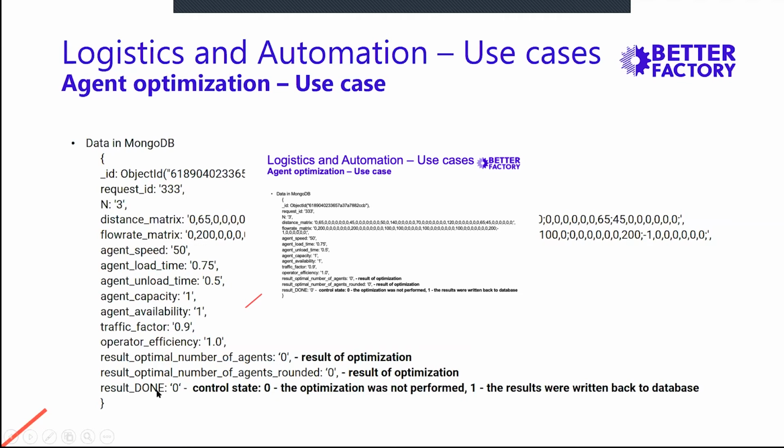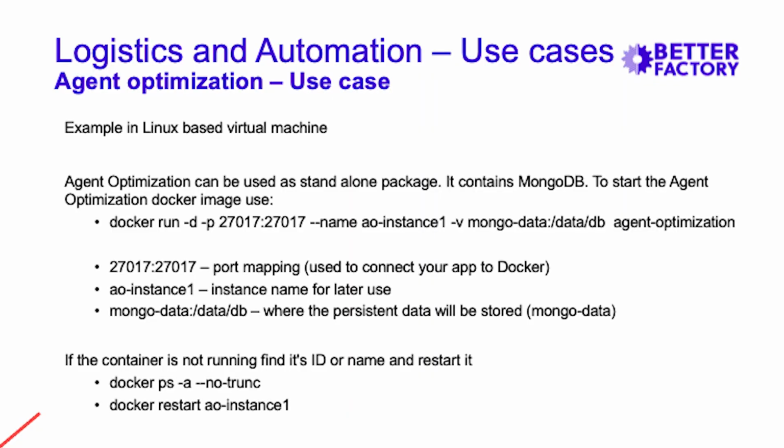If its value is 0 at the beginning and we start the optimization, the data will be processed by the module, and after they are written back to the database, the value changes to 1. And if the value is 1 and the optimization is called, the optimization skips this computation, skips this data.